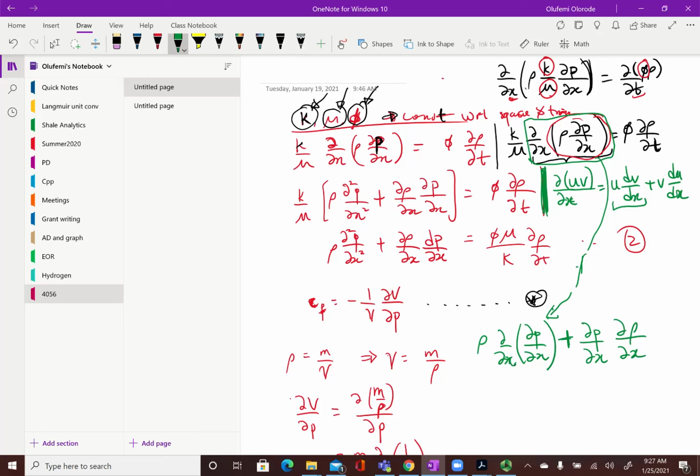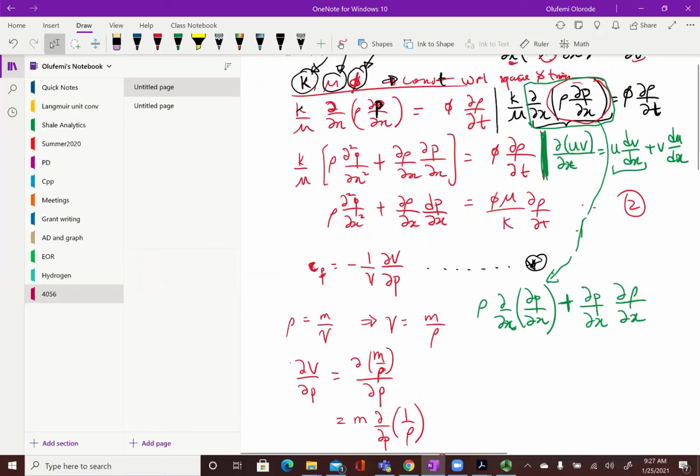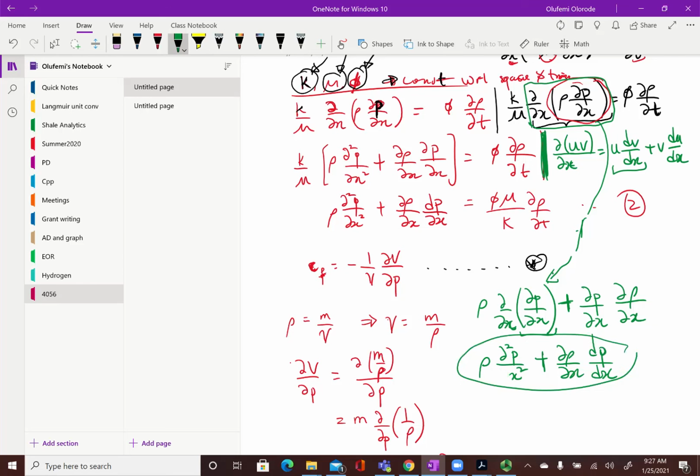And what does this give you? It gives you rho times the second order derivative d2p/dx squared, plus d rho/dx times dp/dx. That's pretty much what this is. What about the k over mu that was outside?